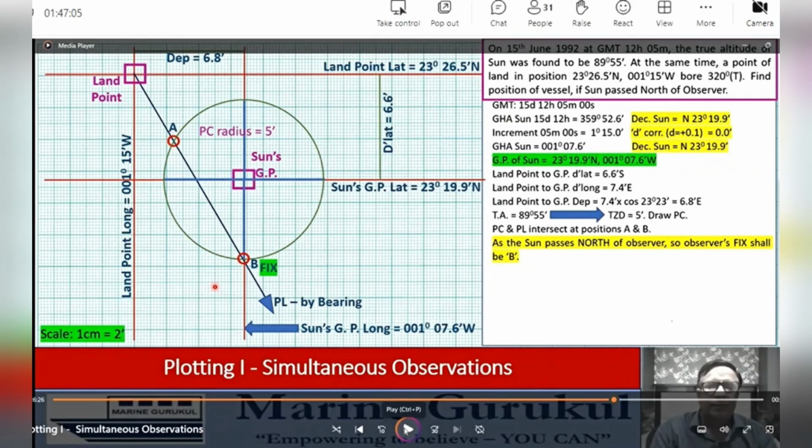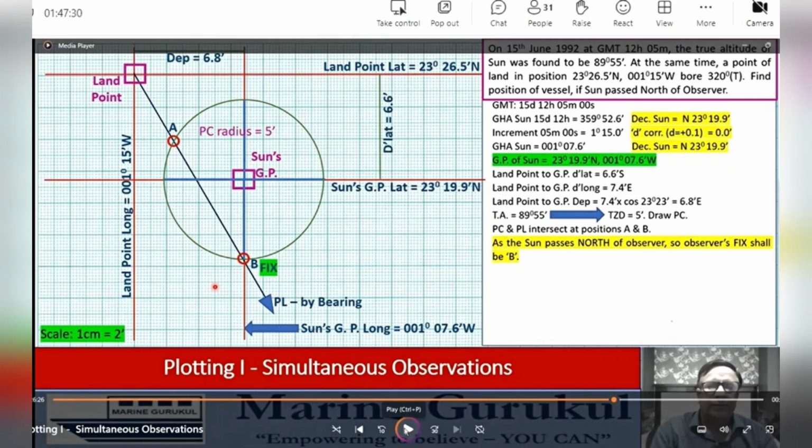Correct, beta. That's right. It is the MLAT. I am getting some other answer, sir. What answer are you getting, beta? Twenty-three. Okay. Sorry.